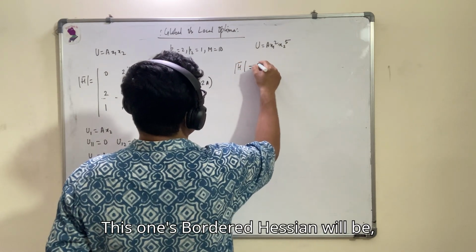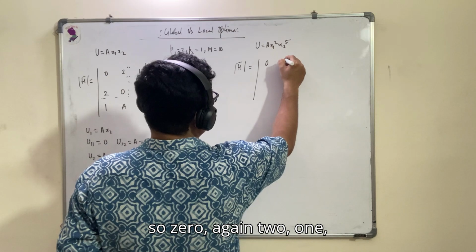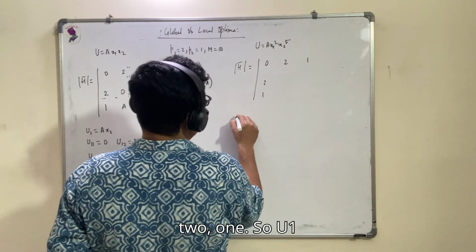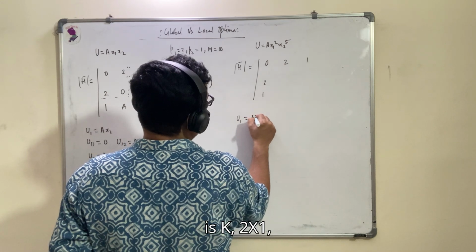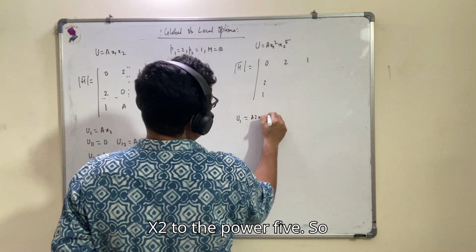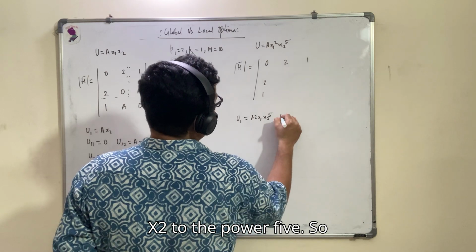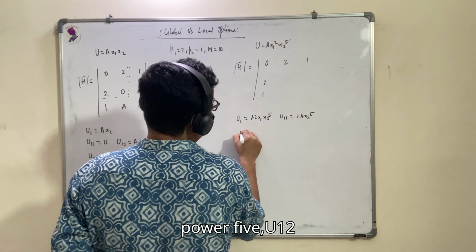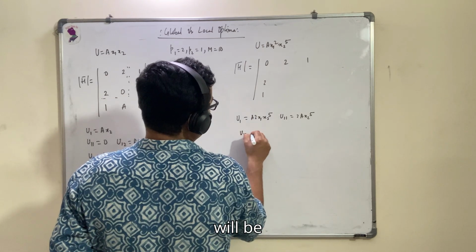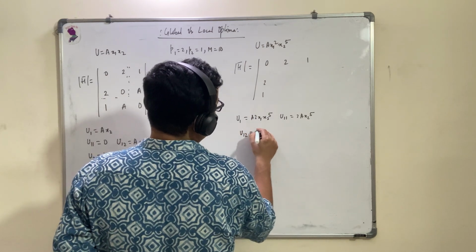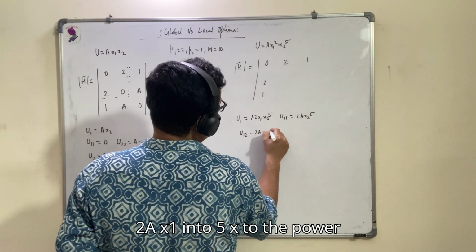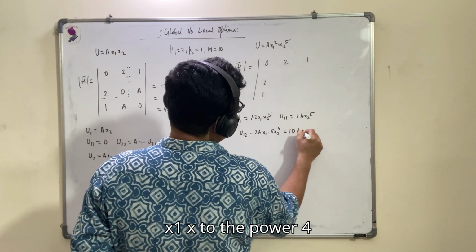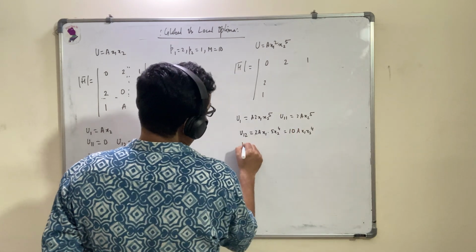This one's border Hessian will be, so 0, again 2, 1, 2, 1. Okay, so U1 is A 2x1 x2 to the power 5. So U11 will be 2A x2 to the power 5. U12 will be 2A x1 into 5 x2 to the power 4, so that means 10A x1 x2 to the power 4.